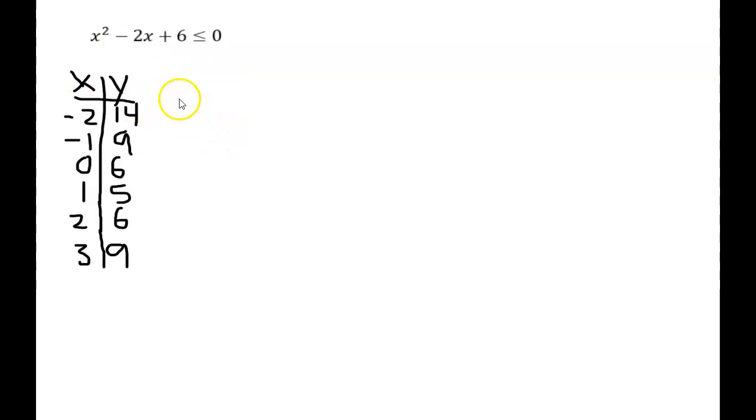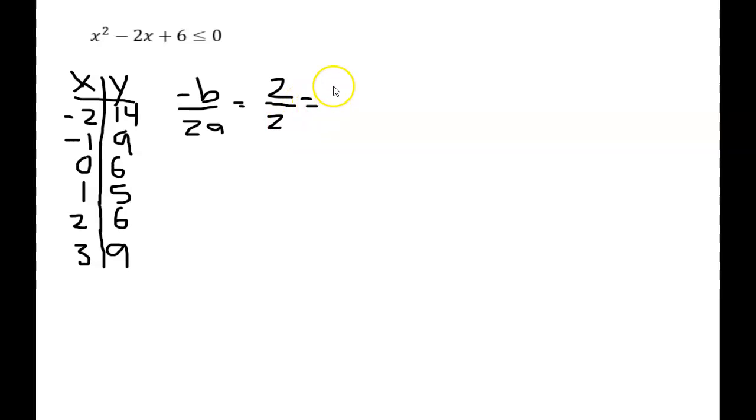So let's do that. The x value for the vertex is -b all over 2a. That's our x value for the vertex. All right, so a is 1, b is -2, c is 6. So -b would just be +2, all over 2 times 1, which is 2.